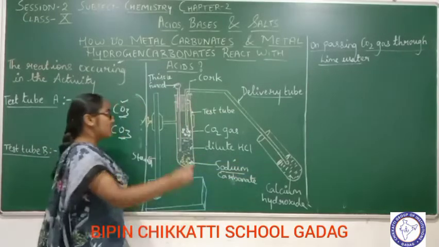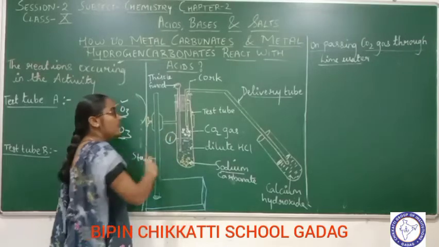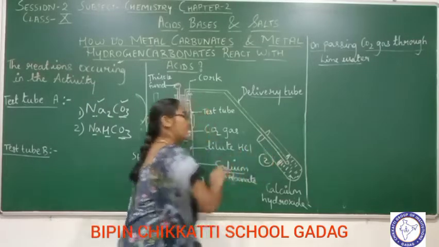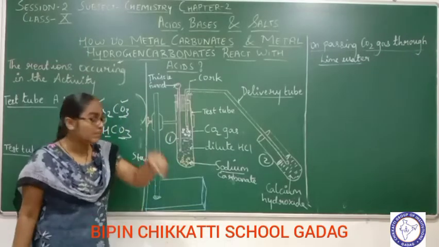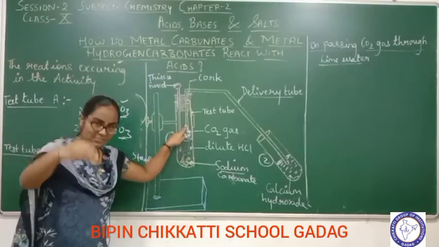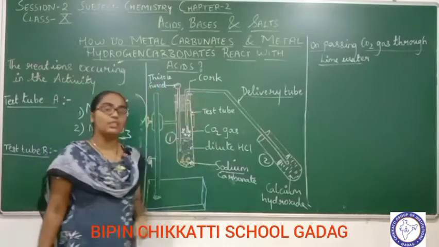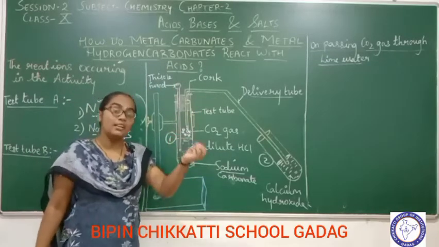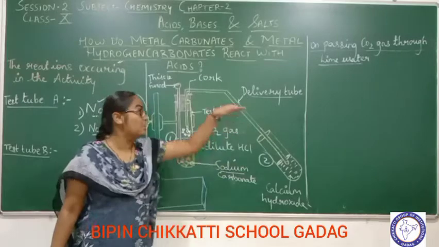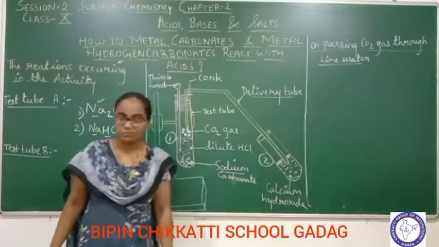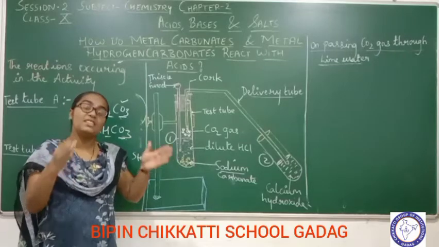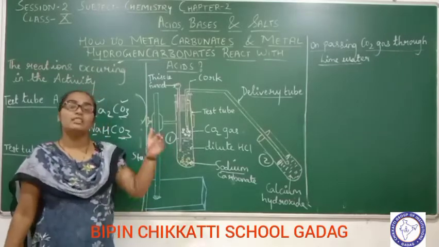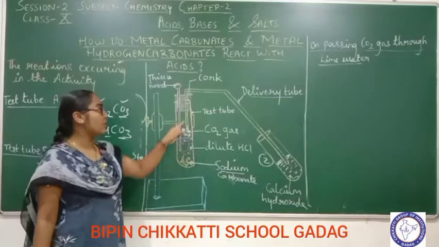So let's name this test tube 1, and this test tube 2. So the delivery tube has been inserted into two test tubes. The first opening has been inserted into test tube 1, and the other end of the delivery tube has been inserted into test tube 2. So these two ends of the delivery tube have been inserted into the respective test tubes. So that was all about the delivery tube.